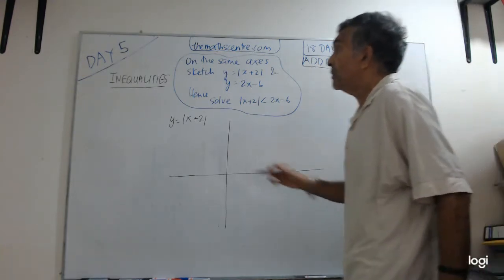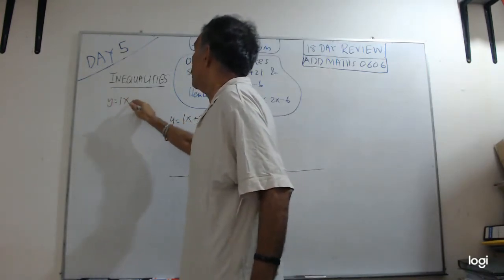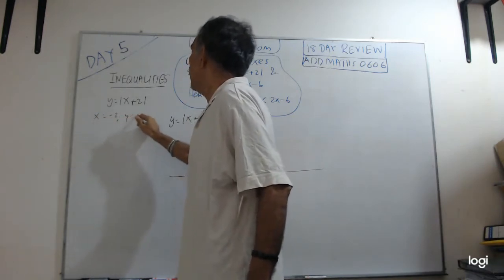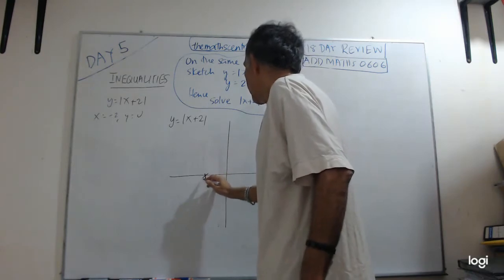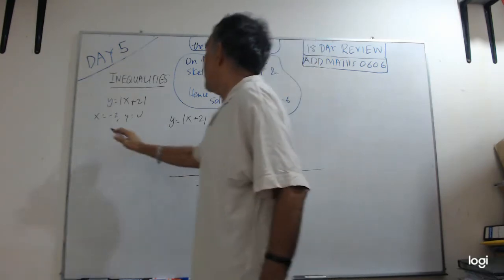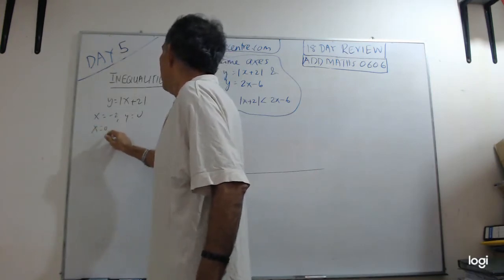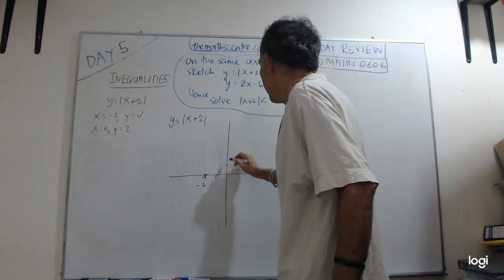Very quickly, let me tell you how you plot y equals |x + 2|. When x is minus 2, y is 0, so we have 1 point here. When x is 0, we have y equals 2.